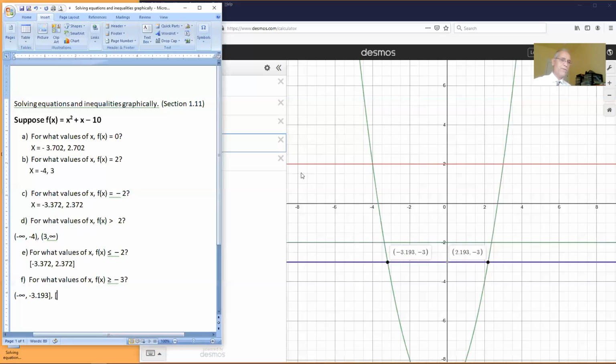Also starting from 2.193, all the way to infinity. And once again, infinity goes with parentheses.